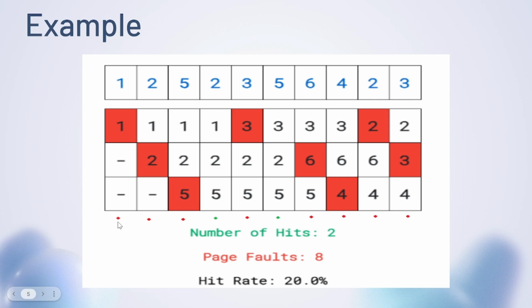A column means a set of cache memory. In a set we have three lines, and we have a lot of columns because each column represents the status of the set of cache memory.